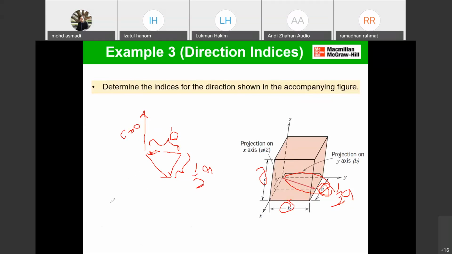So we can have a/2, b as well as c. It can be half, 1 and 0. Multiply with 2, so we can get the answer.